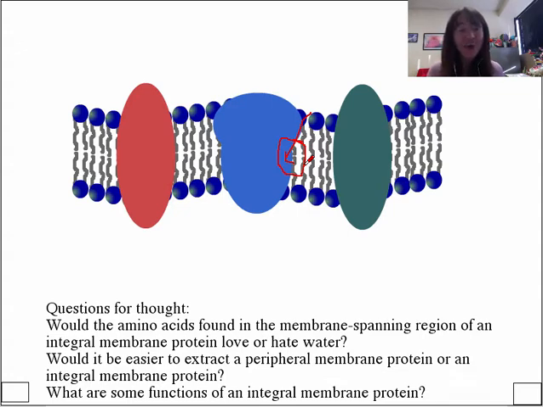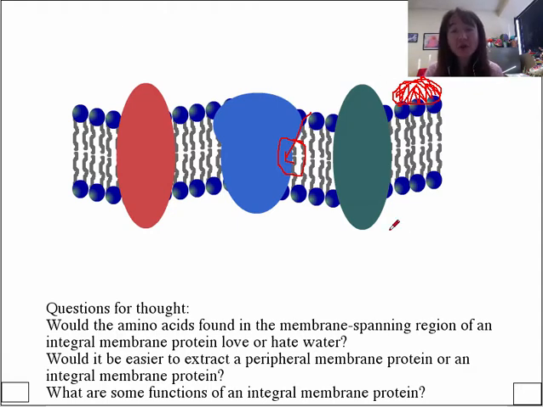Awesome. Now, would it be easier to extract a peripheral membrane protein? Remember, peripheral membrane proteins are associated peripherally, like this. So this could be a peripheral membrane protein right here. Would it be easier to extract that one, or would it be easier to extract an integral membrane protein? This is a pretty easy question because think about it. An integral membrane protein, you'd have to rip it out of the bilayer in order to get it. That would require something that would solubilize the bilayer.